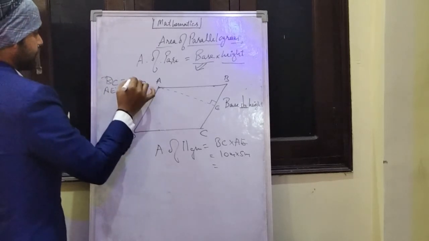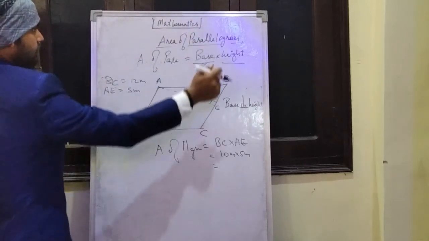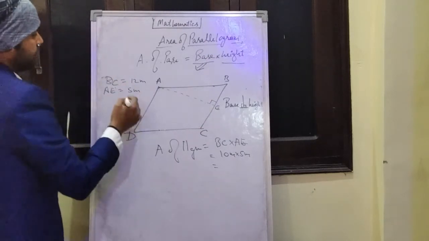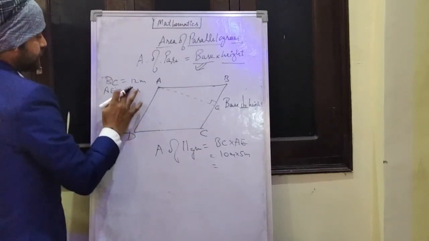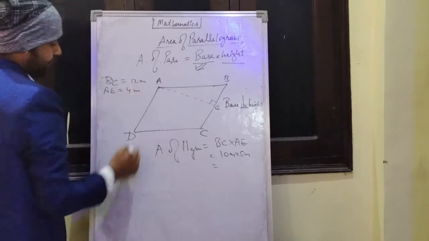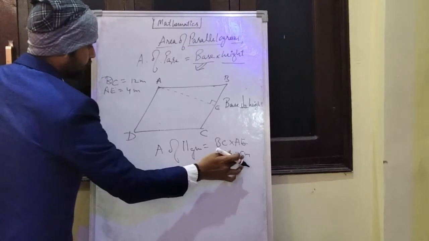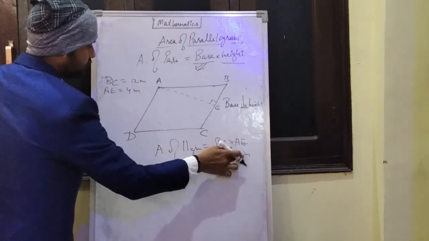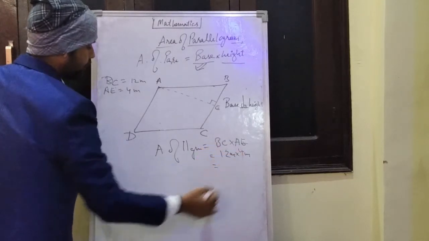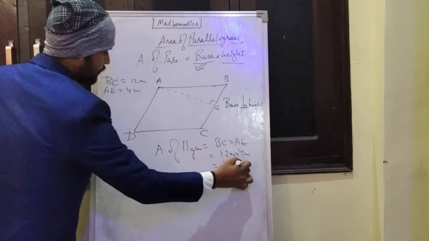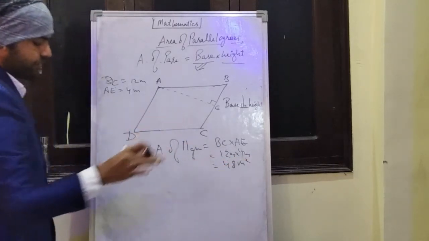Let's take BC as 12 and AE as, let's say, 4. 12 into 4, 48 meters square. Now see, I have taken random values.